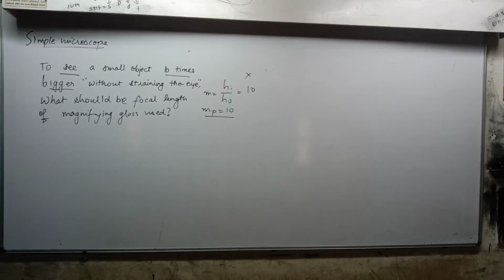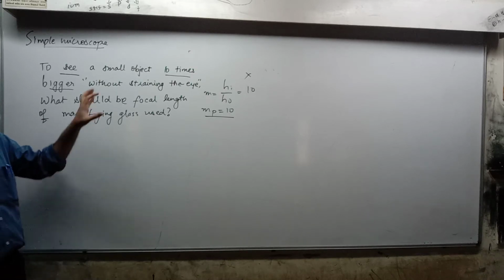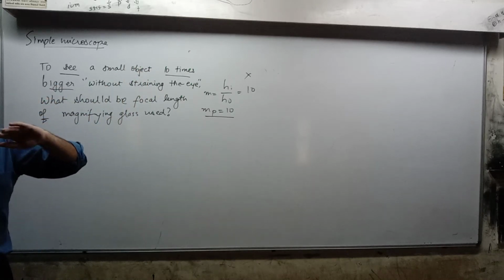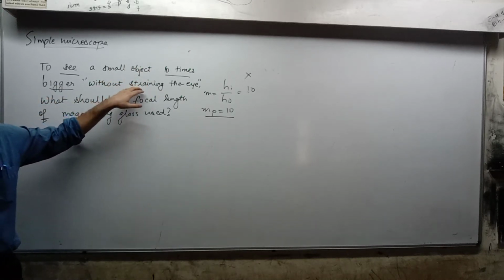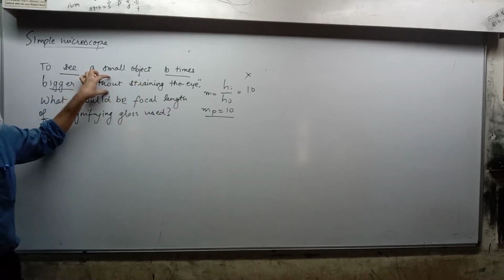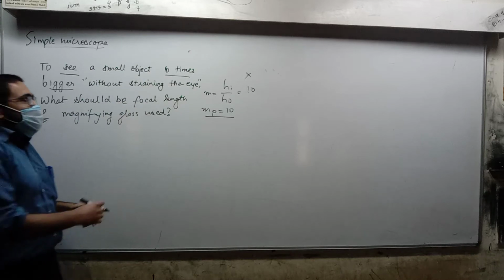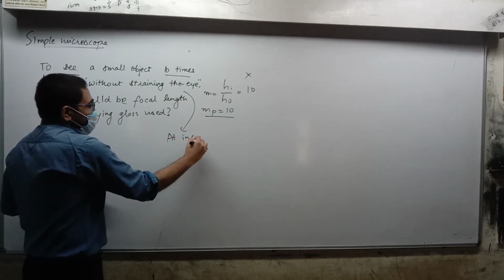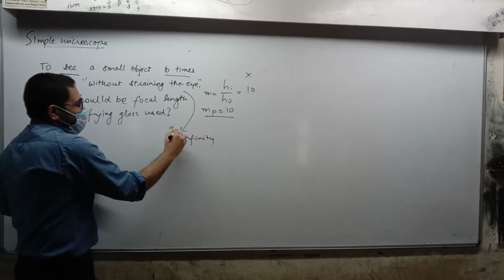Without straining the eye would mean normal adjustment. Right? You see, human eye can see to infinity without any kind of problem at all. Really normal. Okay, so wherever you see this kind of thing, you understand that this image is going to be made at infinity. Image at infinity.